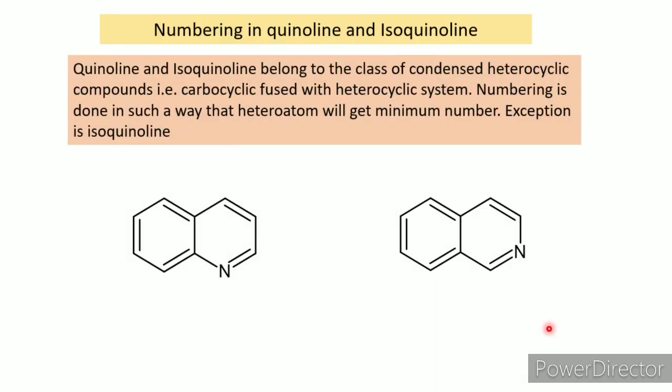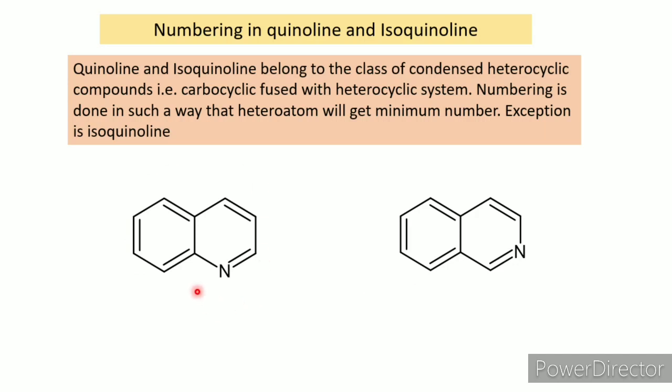Now we'll check how to name substituted quinolines and isoquinolines. Remember, in IUPAC nomenclature we don't use benzo-b-pyridine and benzo-c-pyridine. We plainly call them quinoline and isoquinoline only. So the only thing we have to study in nomenclature is how to number these compounds.